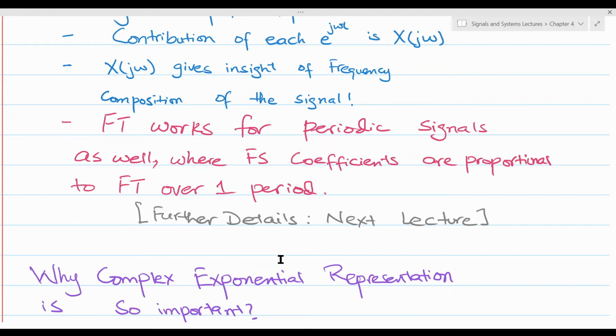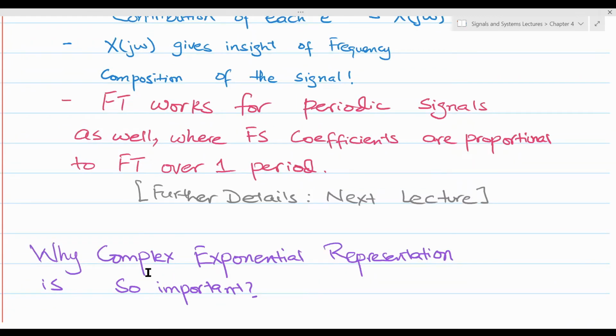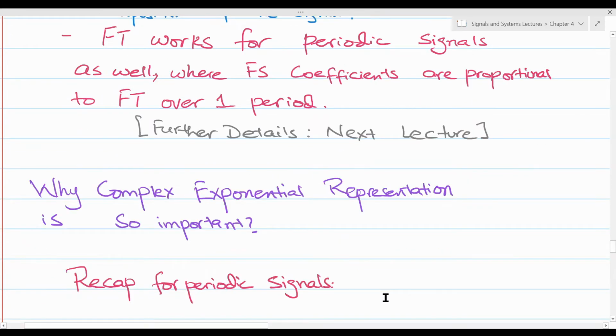So the question that we'll take on here is why it is very important to represent signals in the form of complex exponentials. And when I'm talking about the form of complex exponentials, I'm talking about either its linear summation or the integration.